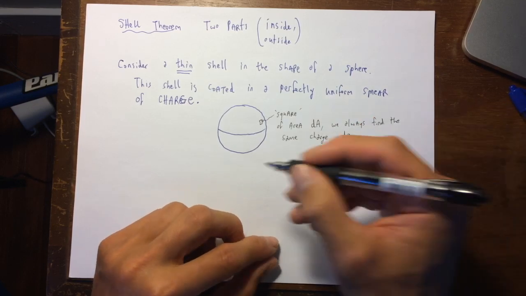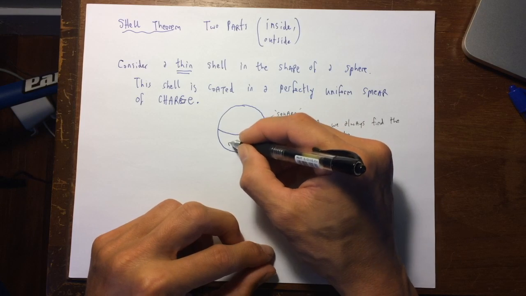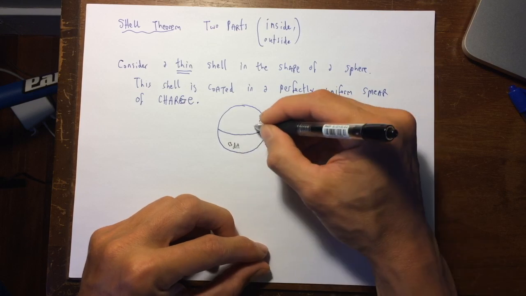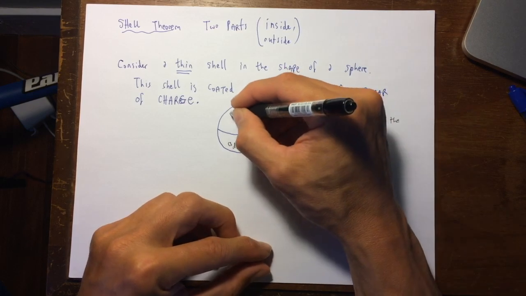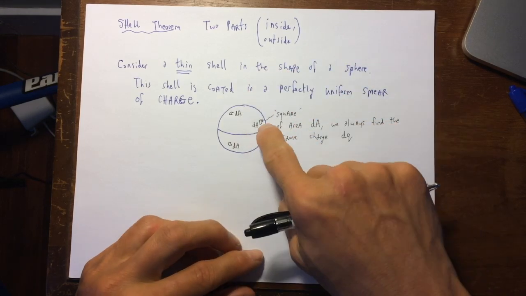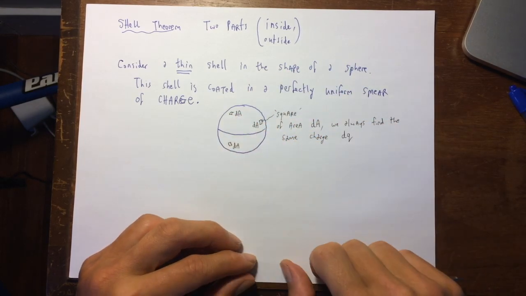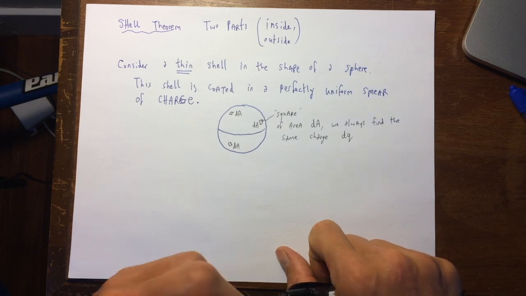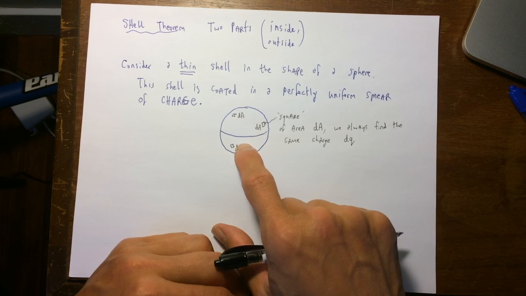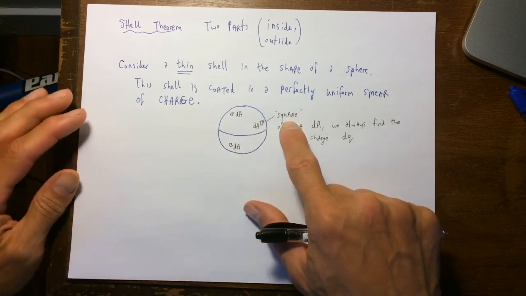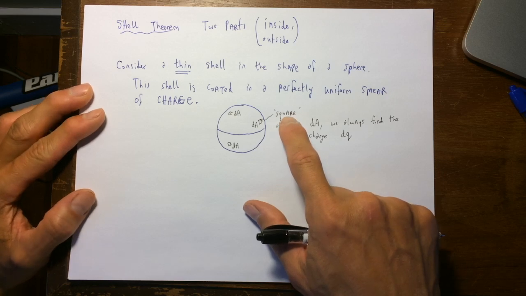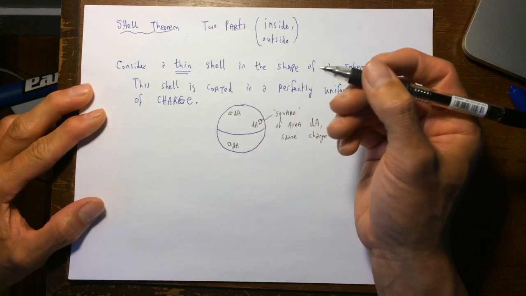That is, if I make sure that I always pick a little square, always of area dA, I can go anywhere on the shell and discover that the same amount of charge is always located in the same area of patch. And it's not actually important that the area is a square. It just needs to be any area.